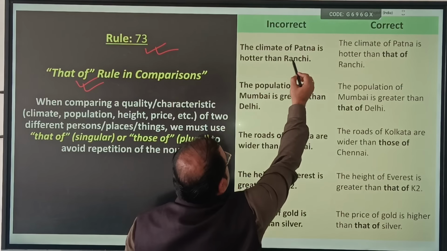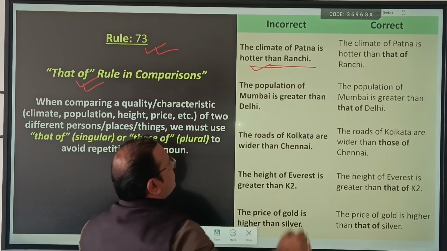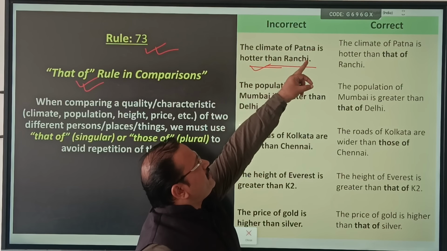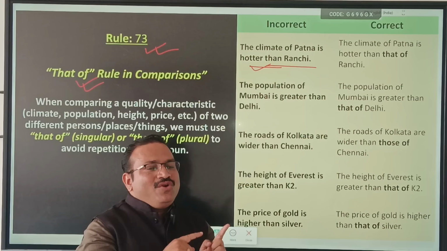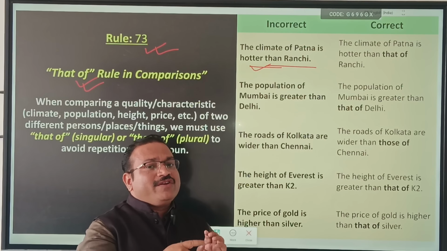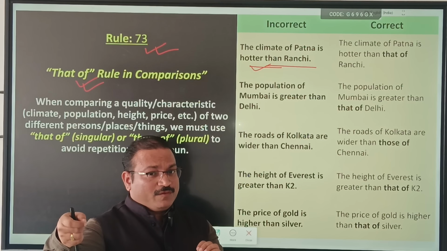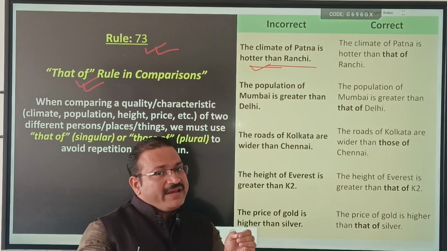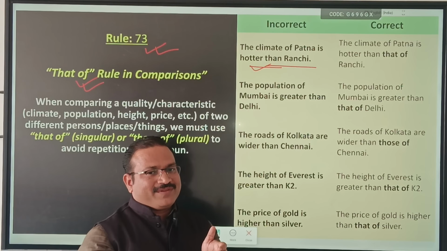The climate of Patna is hotter than Ranchi. What does it mean? We are not comparing the climate of Patna with the climate of Ranchi. We are comparing the climate of Patna with Ranchi city, which is wrong.